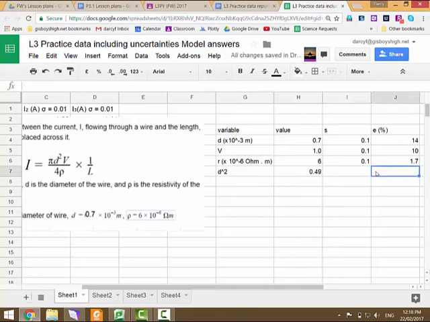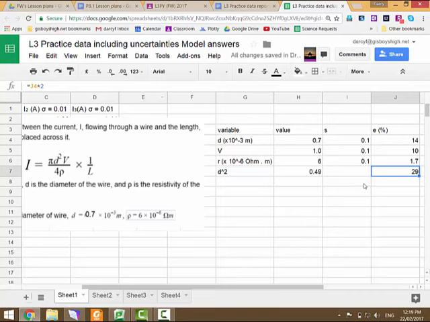Because I squared it, my percentage error doubles. Remember, when you take it to the power of, so it's d to the power of 2, the percentage error is transformed by multiplying by the power, which is 2. So it equals that percentage error times 2. Take that down to 2 significant figures.